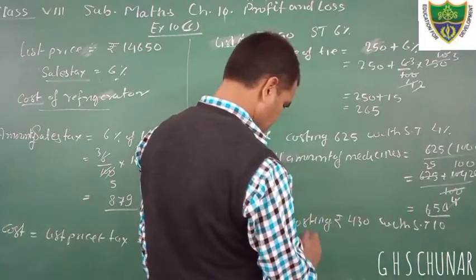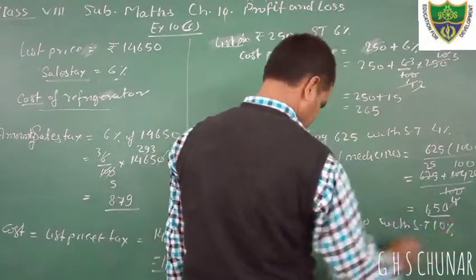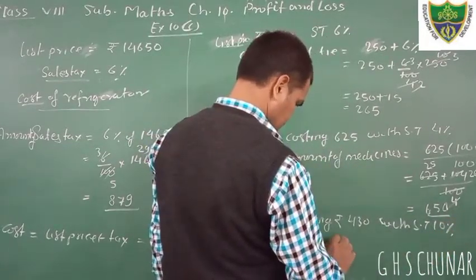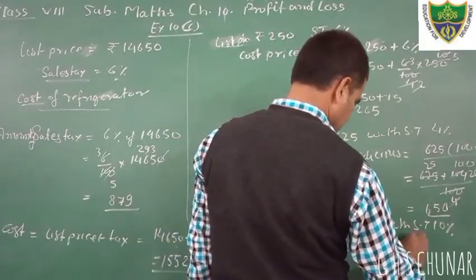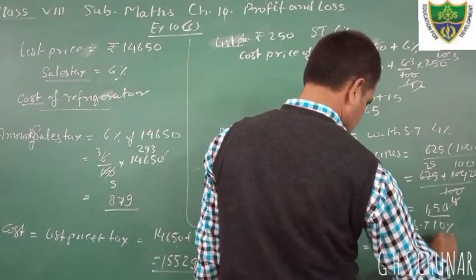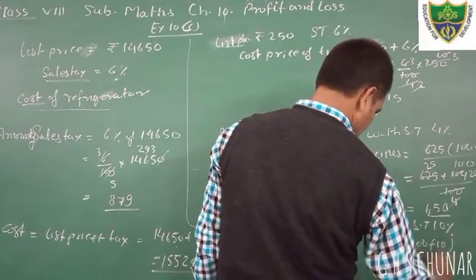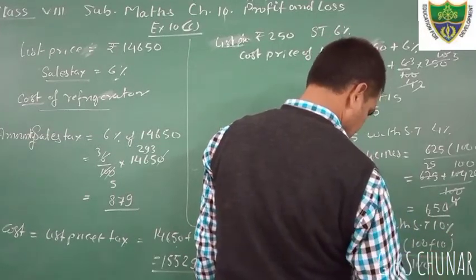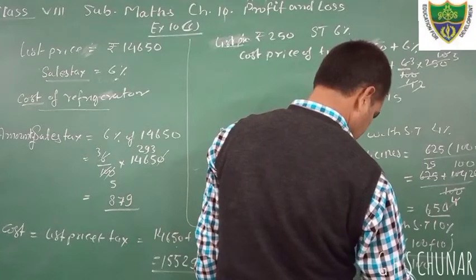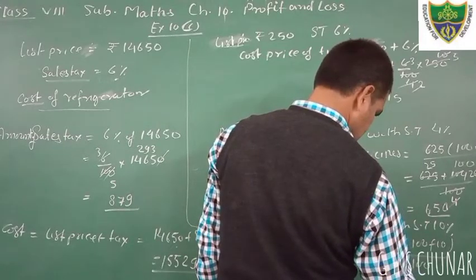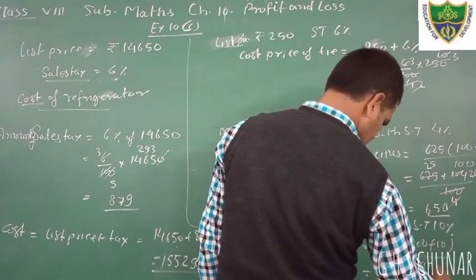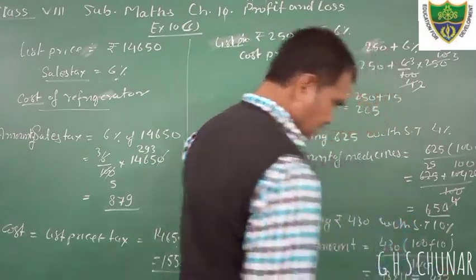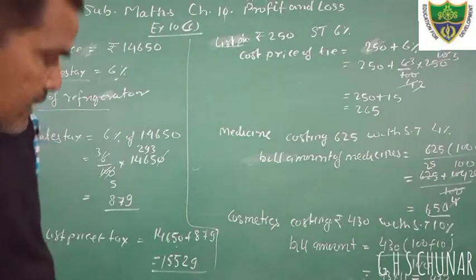Now the bill amount is 430 into 100 plus 10 upon 100, which will be equal to 43 into 11, that is 473.